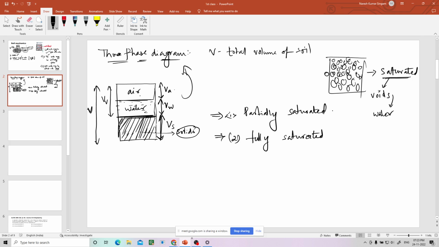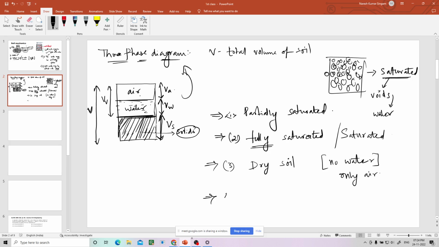Sometimes the terminology is like that. People may not mention fully; they may mention just saturated, and then also it is taken as fully saturated. If partially saturated is specifically mentioned, then only is there some air in it. The third one is dry soil. When do you call it dry soil? Generally, if there is no water, that means only air.